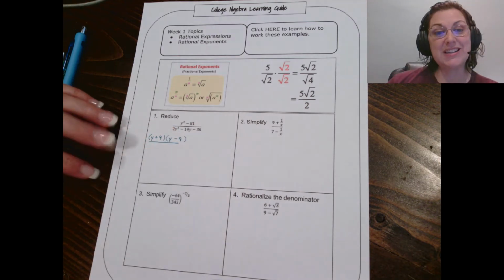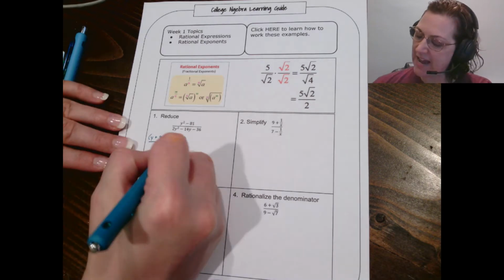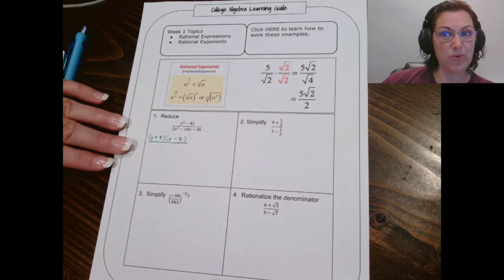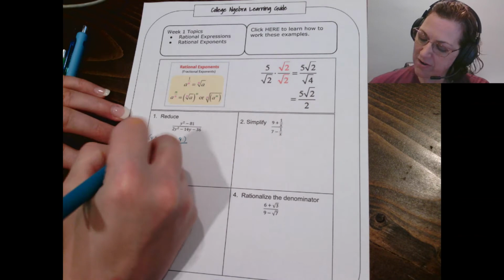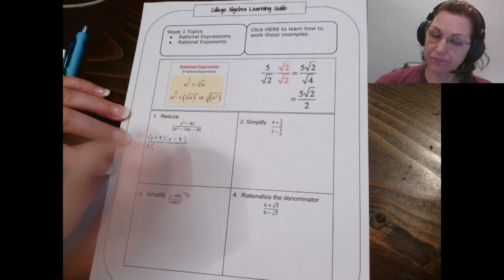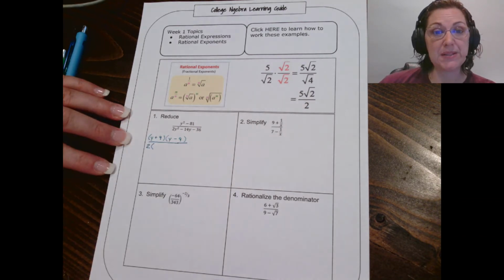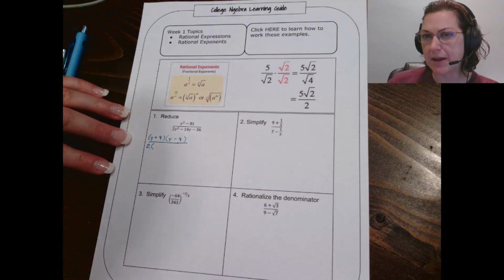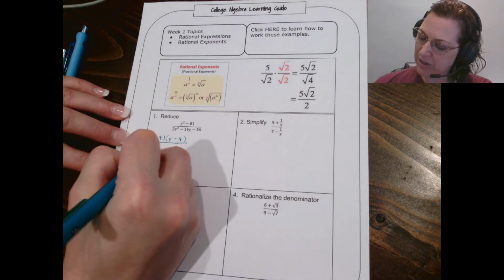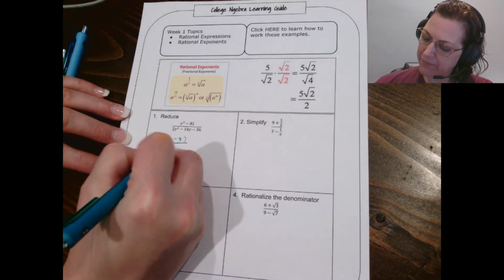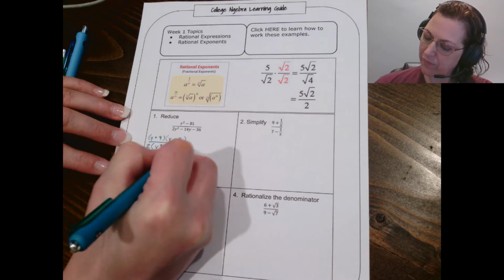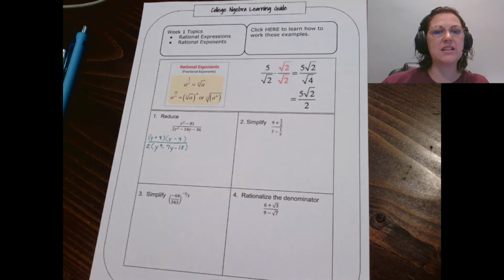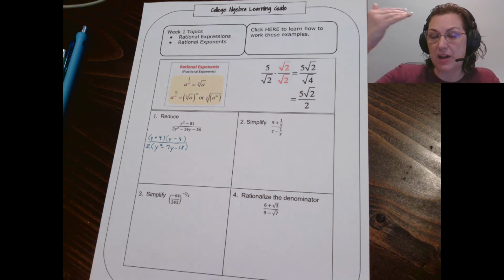Now look at the denominator, and we can see that they're all divisible by 2. That's our greatest common factor. So I will put that in front of a parentheses, and then divide each of the terms by 2 so that I get the terms that go in my parentheses. Now, what you're looking for are terms to cancel from the top and the bottom.